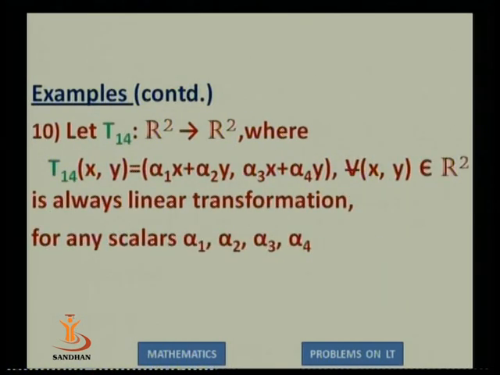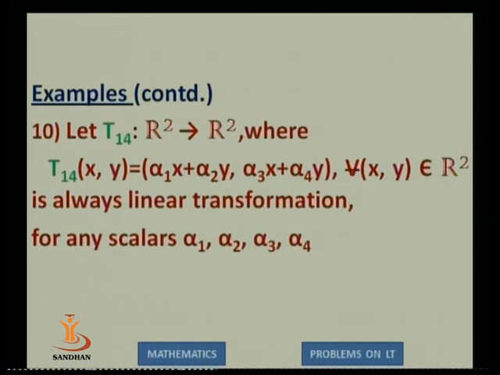We come furthermore to T14 from R2 to R2, where we define T14 of (x, y) as (alpha1 x plus alpha2 y, alpha3 x plus alpha4 y) for every vector (x, y) belonging to R2. It is always going to be a linear transformation; you can check.